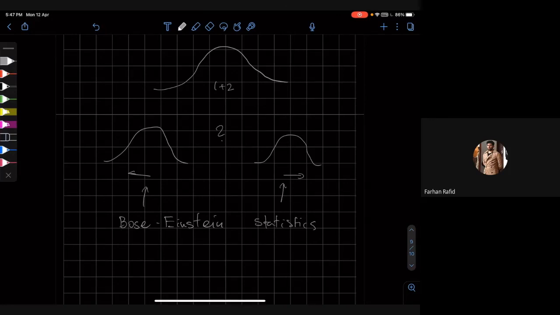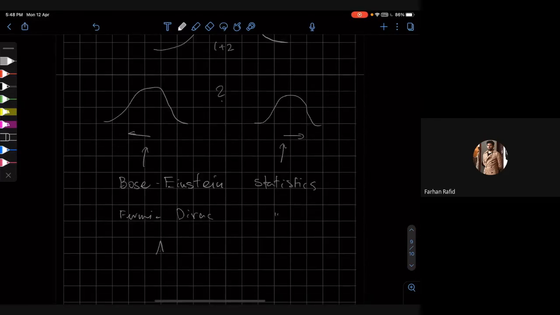And if they're fermions, they're called Fermi-Dirac statistics. And in 2+1 dimensions, you can have objects which are called anyons, and anyons can have anyonic statistics, okay?